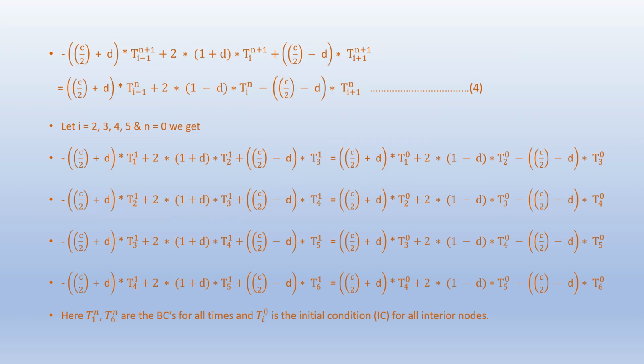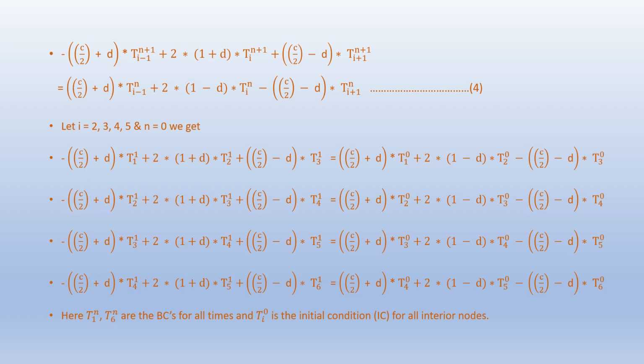We have reproduced equation 4 here, and when we let i equal 2, 3, 4 and 5 for the interior nodes and n equals 0, then we can get a system of equations in the form shown below.